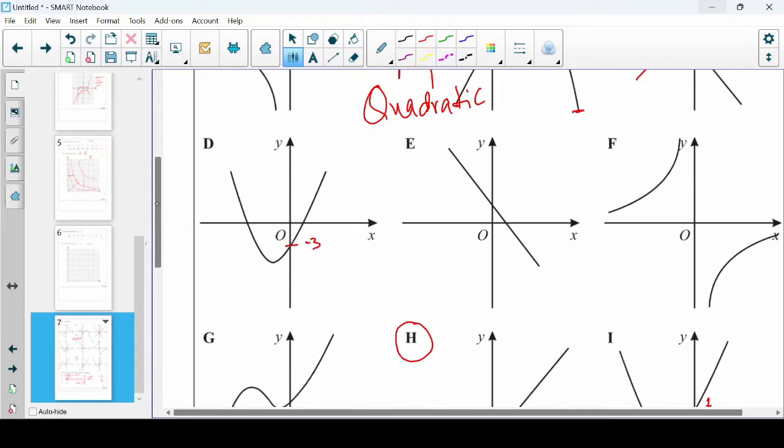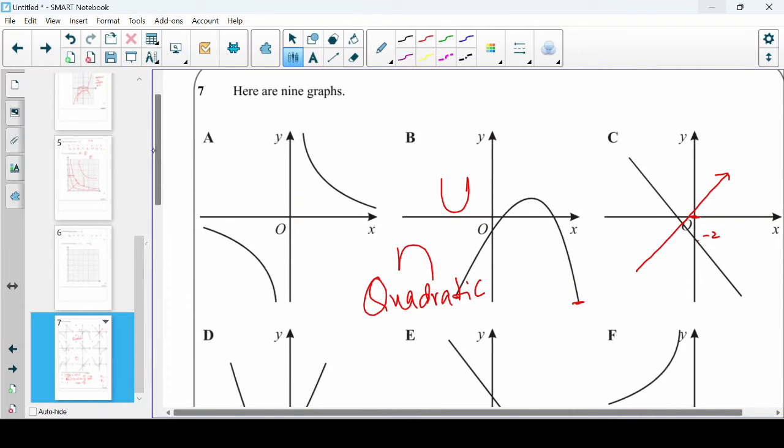When it's a positive inverse graph, it should be here and here. We can see that there is some distance from the axis to the graph, so it shows that it's not 1 over x. If it was 1 over x, it would have been closer to the axis. So this one is a positive 3 over x.